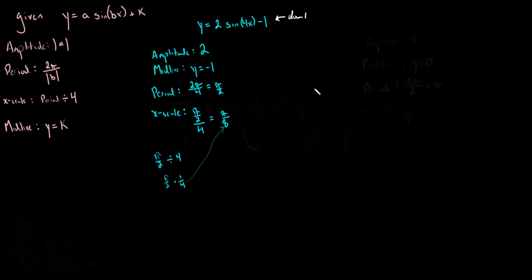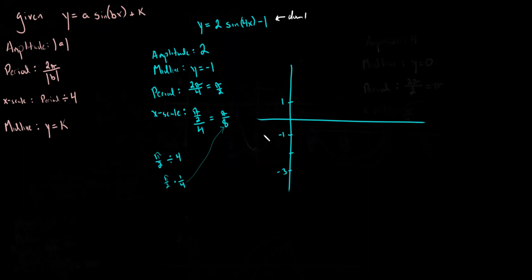All right, now let's go ahead and figure out what this graph would look like. So the amplitude and the midline help us figure out what the y scale should be. The only thing is the midline's now down at negative 1. So I've got to go 2 above the midline and 2 below the midline. So I actually go up to 1 but down to negative 3, and that's because our midline has shifted.